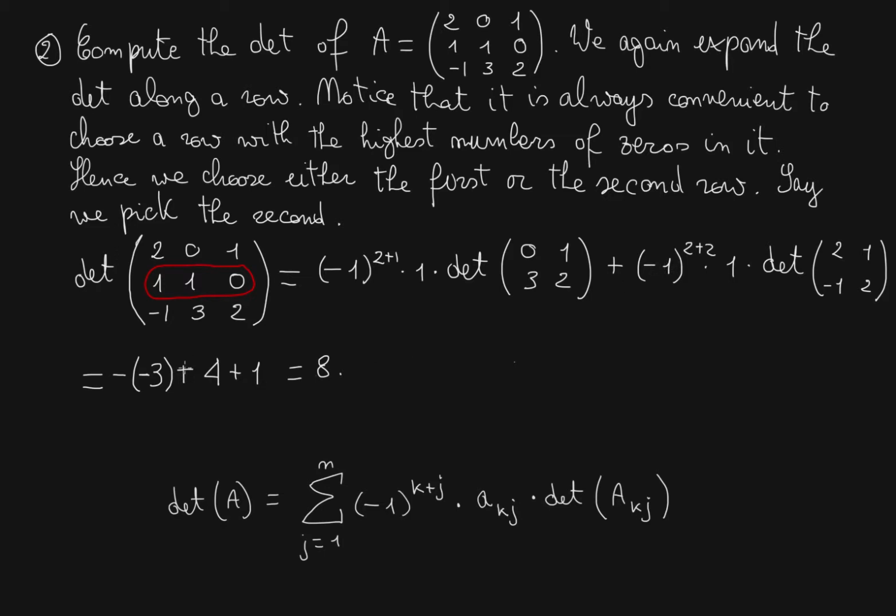We have a plus here, 1 times the determinant of this matrix, which is equal to A times D, so 2 times 2, which is 4, minus B times C. B is 1, C is negative 1. So we have minus negative 1, which is plus 1. And the result is 8.